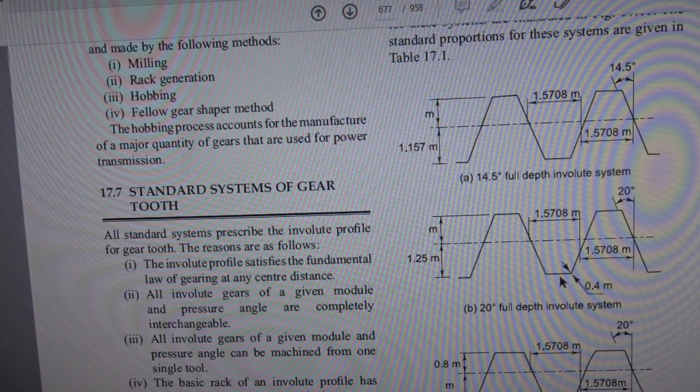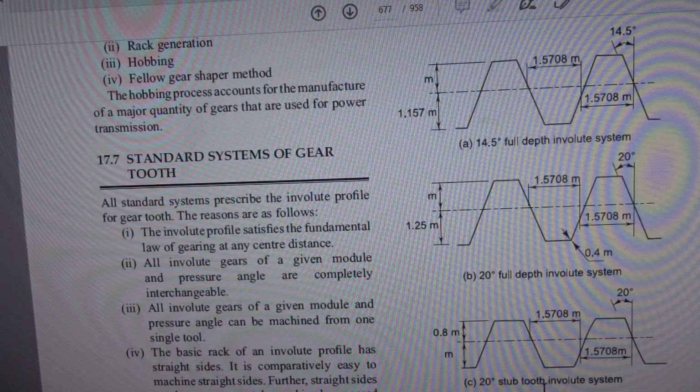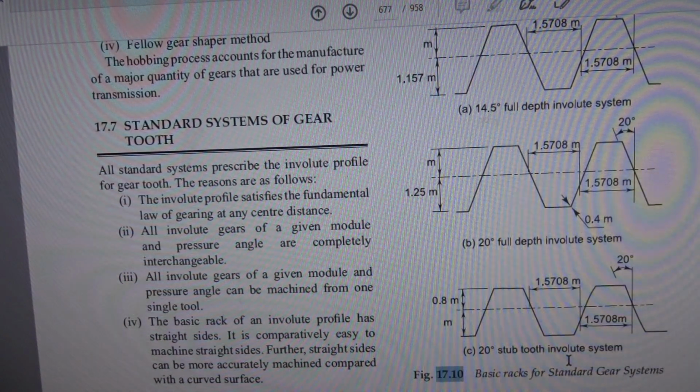This one is 0.4 m fillet curve. And this is the full depth involute system, and this one is the stub tooth involute system. It means some portion of the addendum and dedendum has been cut, and the addendum becomes 0.8 m, and the dedendum becomes m. So this one is the 20 degree stub tooth system.